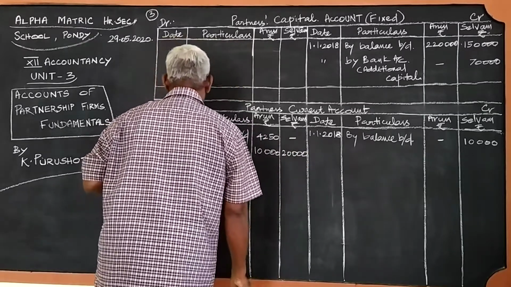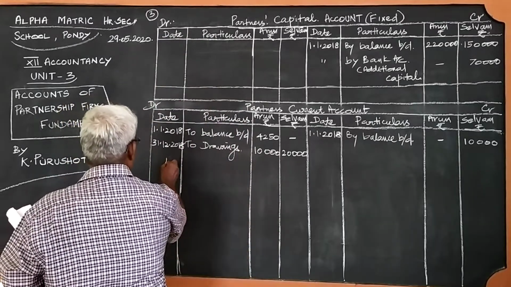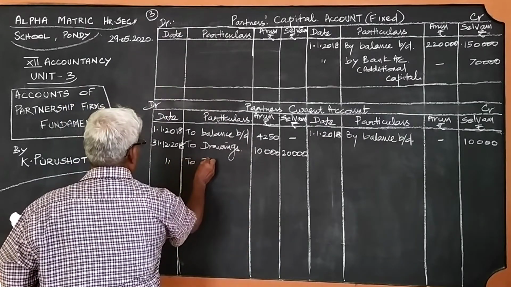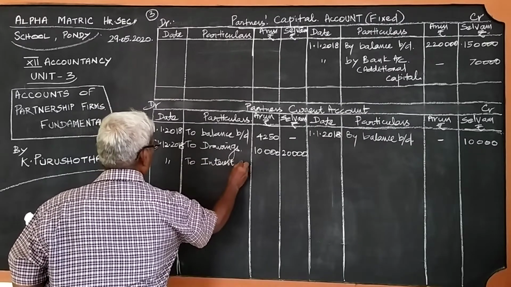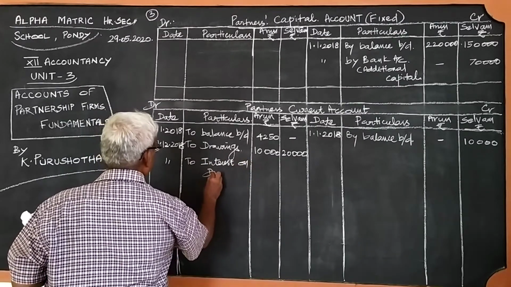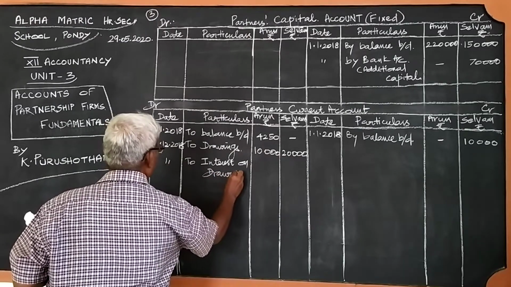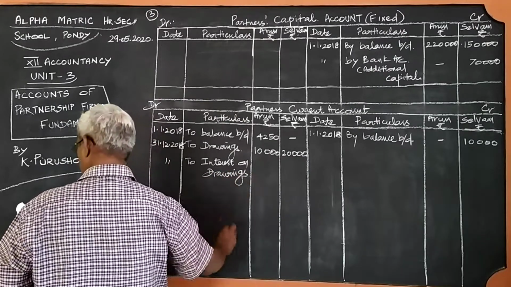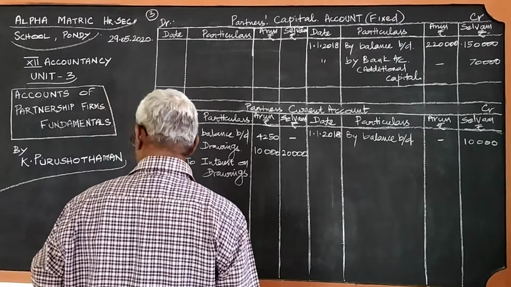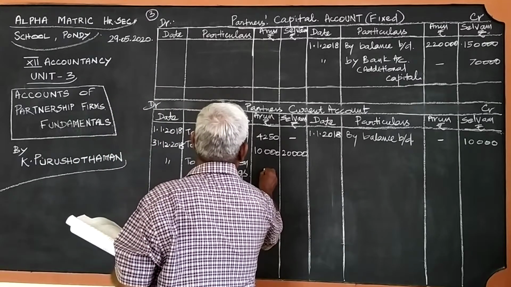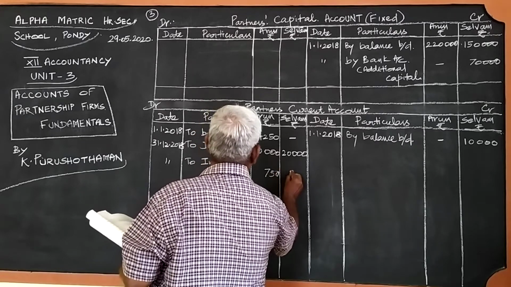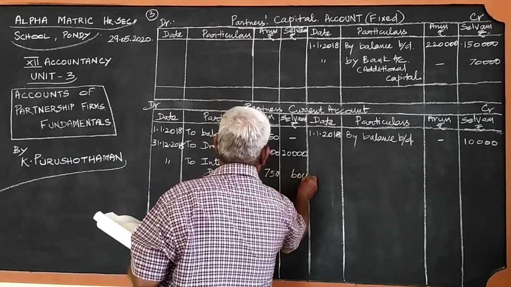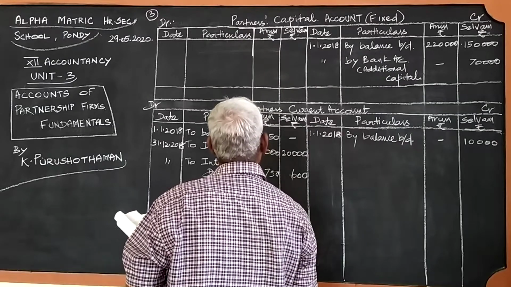Interest on drawings, the same dates, to interest on drawings. Interest on drawings is 750 and 600.